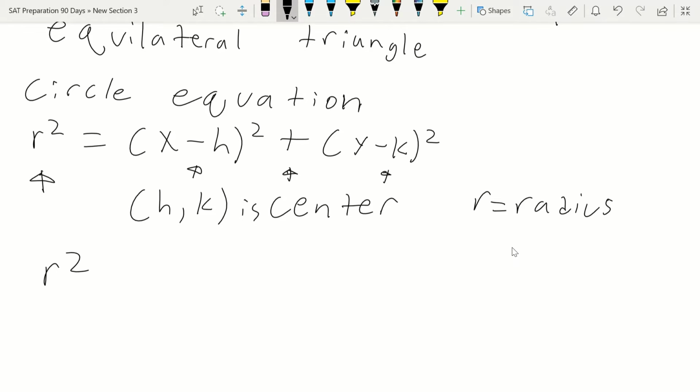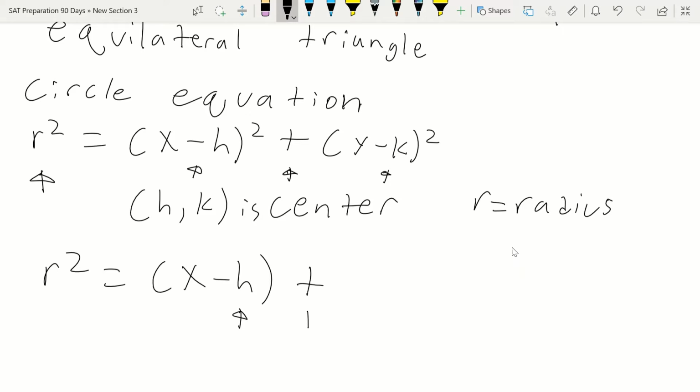We want to always know it's r squared equals x minus h, where h is our center, right? So if h is positive, let's say that it's 3, then we'd have x minus 3. If h was negative 3, then we would have x plus 3 because it would be minus negative 3, which would give us plus 3. All right, so if h is a positive x value, we're going to have x minus h, and if h is a negative x value, then we will have x plus h, right?